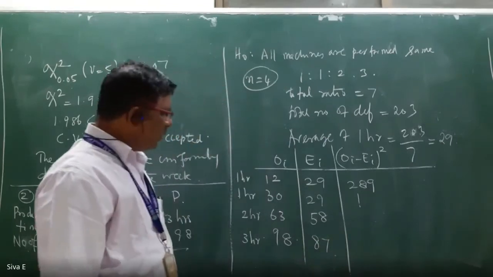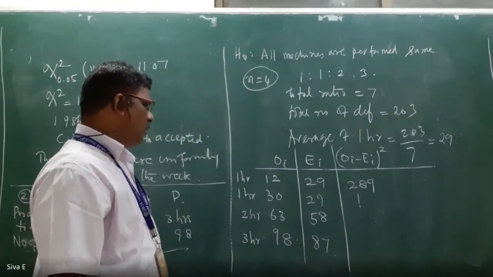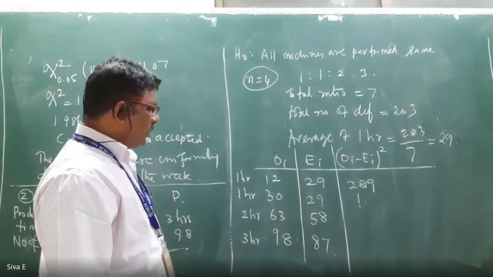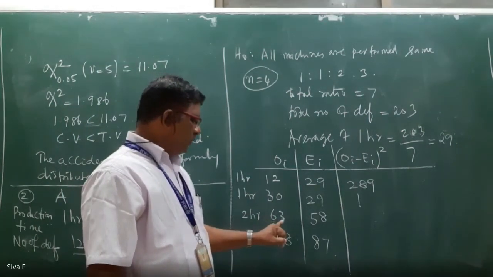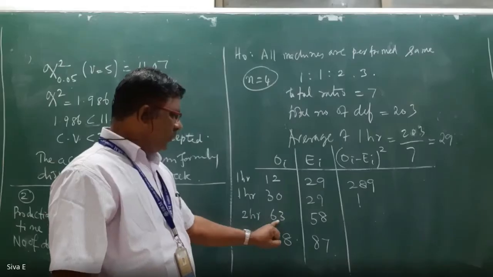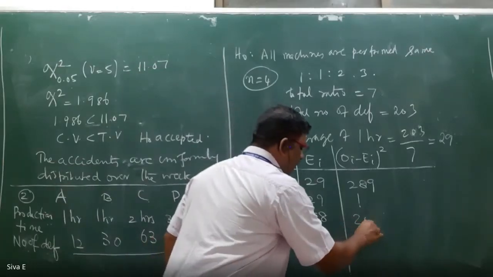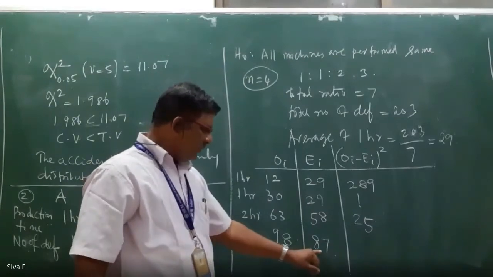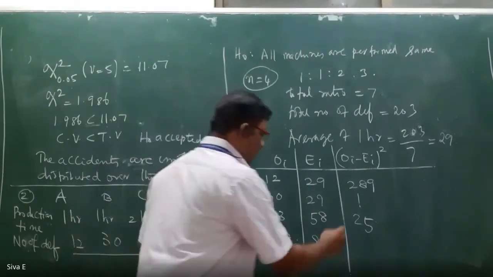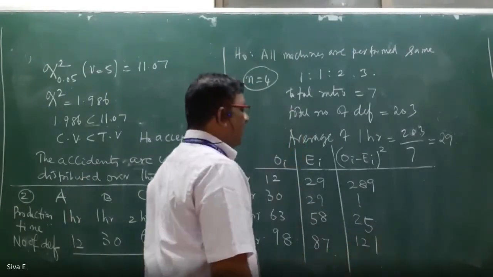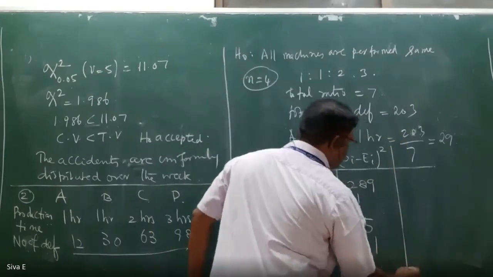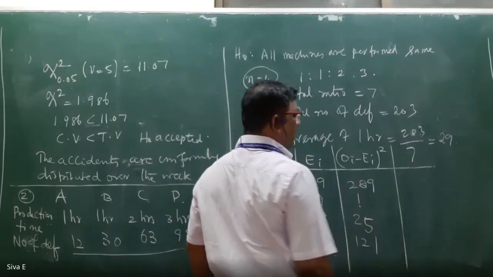Third one? 25. And the last one, 87 against 98, is 121.